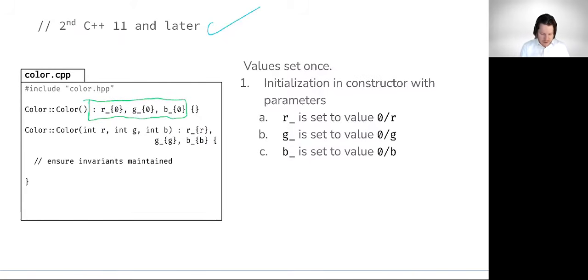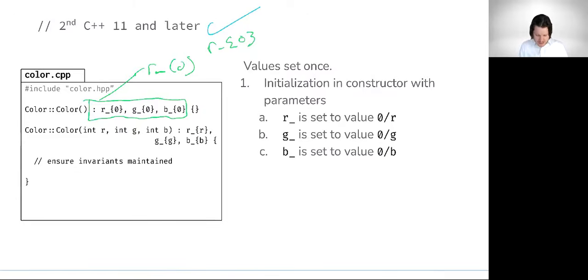At this point, you might be going, hey, I saw you do this before. What is the difference in using curly braces instead? Curly braces, universal initialization here, is going to prevent narrowing conversions from occurring. In this case, no narrowing conversion is going to occur in the default constructor because 0 is not, say, a floating point value.